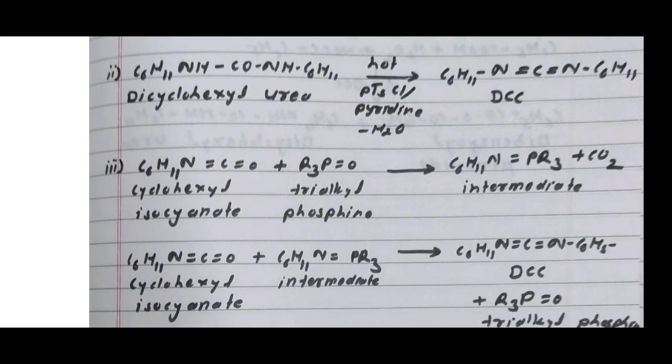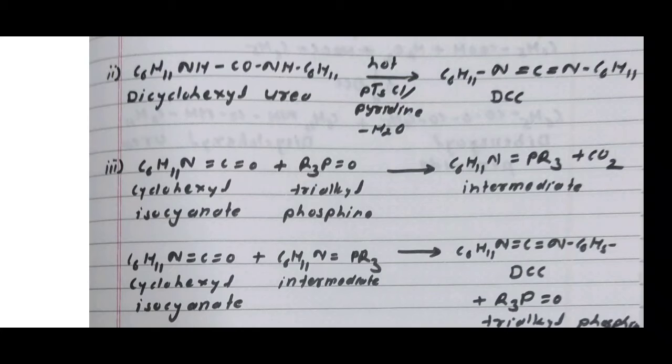Then we study here the third method of preparation of DCC. In this method, DCC may be prepared by using isocyanates. The isocyanate group is N=C=O. Using isocyanate, I am showing the structure of cyclohexyl isocyanate, C6H11 N=C=O.